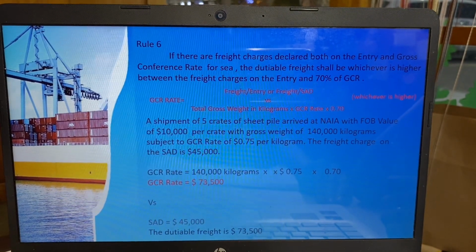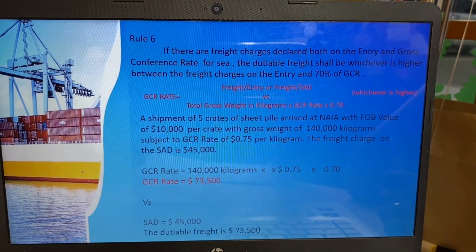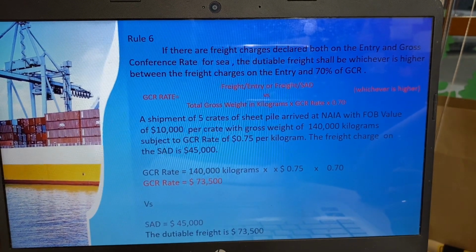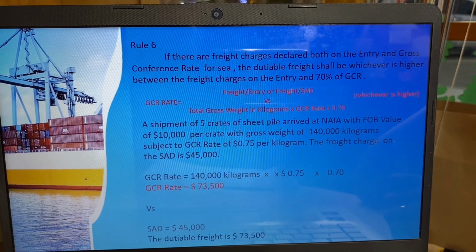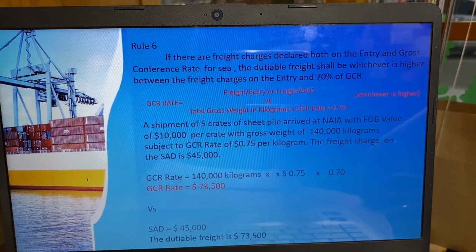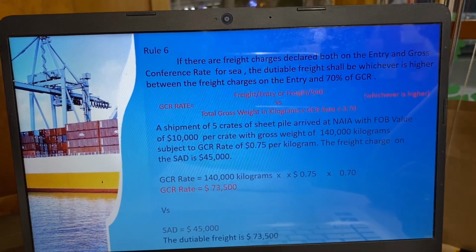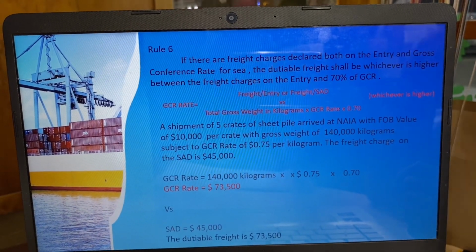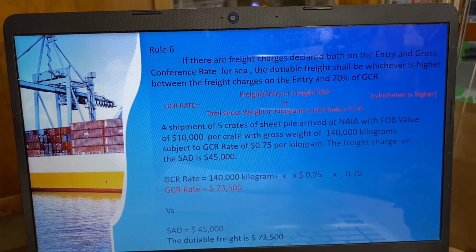So rule number 6 example, a shipment of 5 crates of sheet pile arrived in the port with FOB value of $10,000 per crate with gross weight of 140,000 kilograms, subject to GCR rate of 75 cents per kilogram. The freight charge on the entry is 45,000.